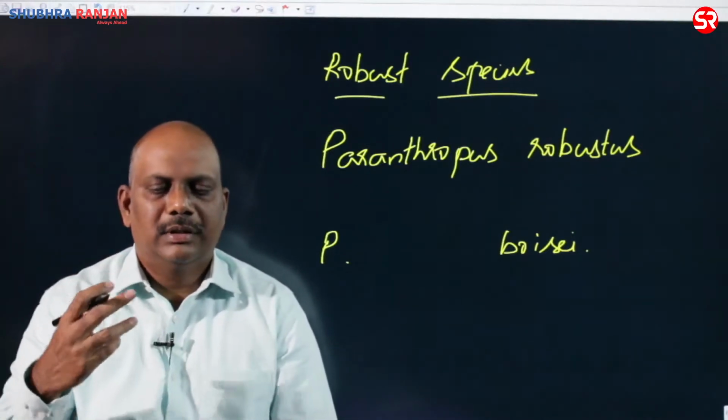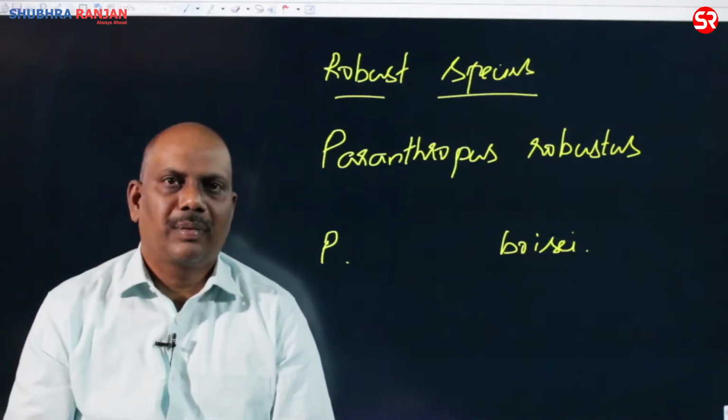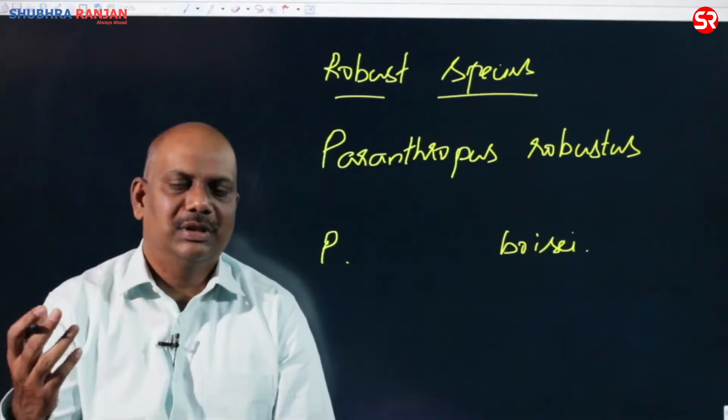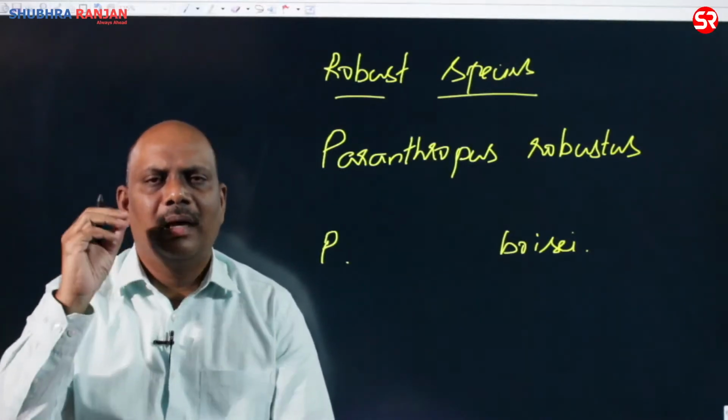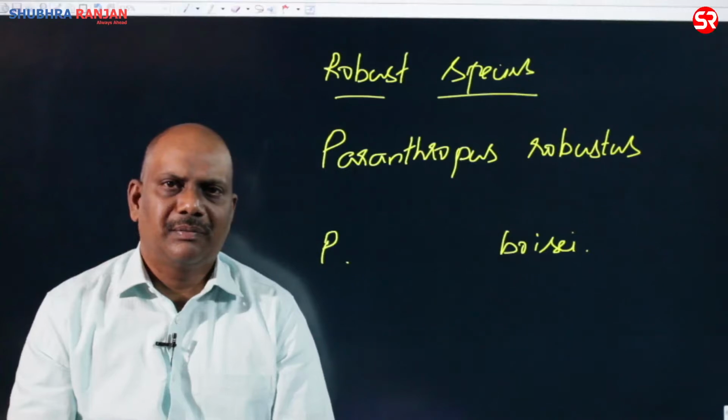So Paranthropus boisei. You can also say Australopithecus robustus, Australopithecus boisei. These are the 2 important and very prominent robust species.